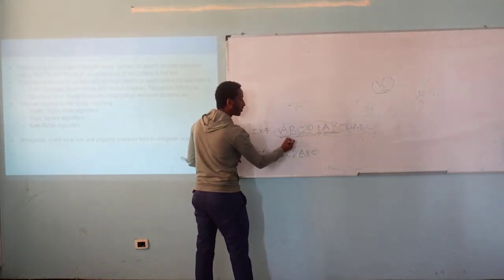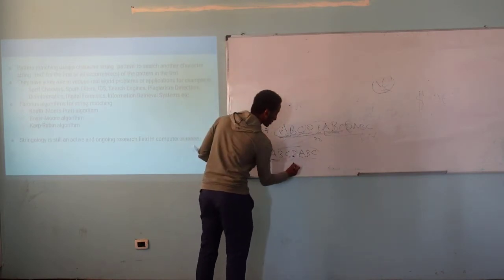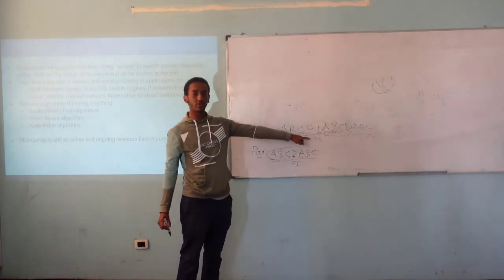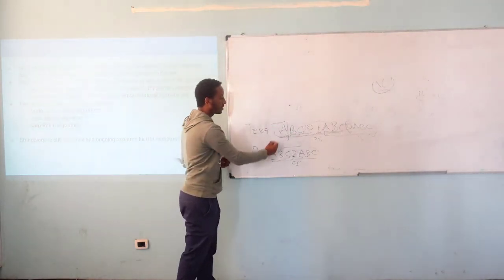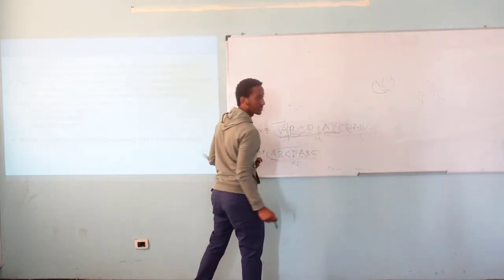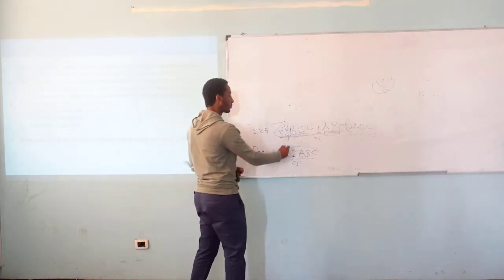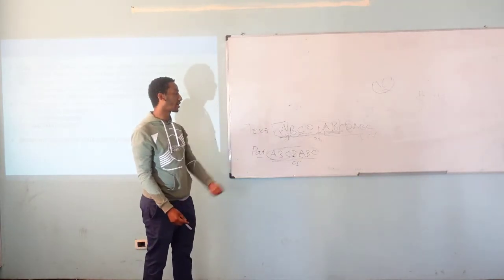So the hash value of this, let's say it is 78, and the hash value of this, let's say 65. So 78 and 65 are not equal. So it will remove A, add one character, calculate the hash value of this, and compare. And when it is equal, it will do a character by character comparison, and it will say I found the match.